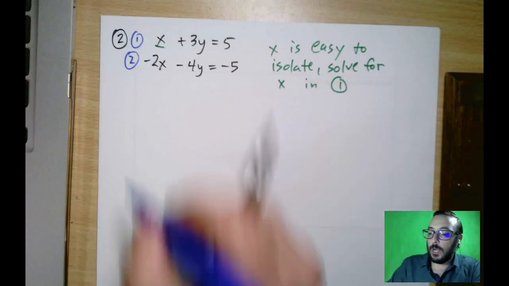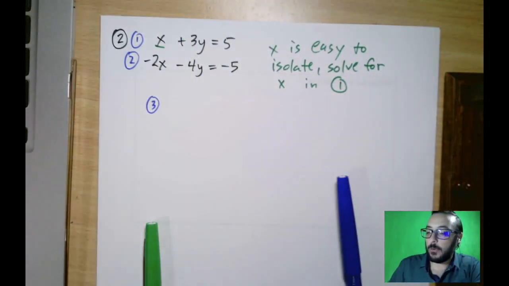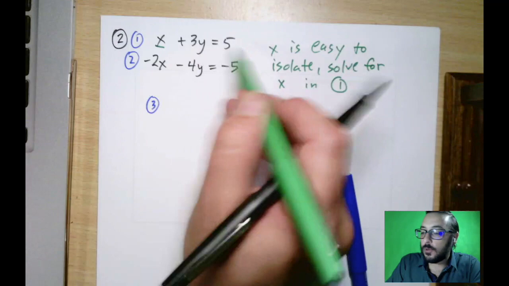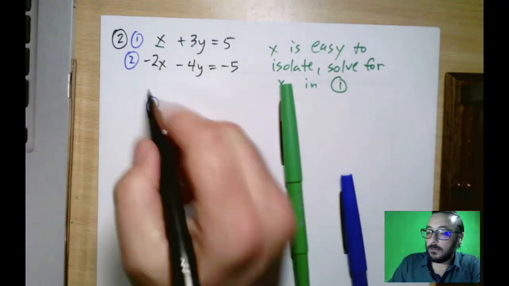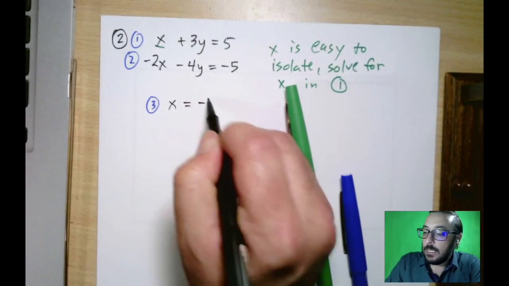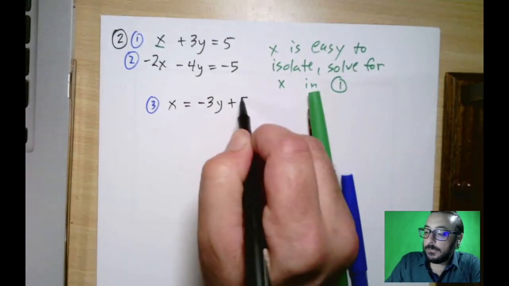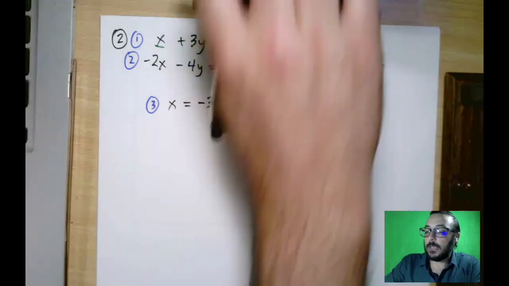So in equation 1, we're going to rearrange it. We're going to call it equation 3. All I have to do is subtract the 3y. I'm solving for x, so I'm going to subtract 3y. So I get x equals negative 3y plus 5. And we're going to use that expression, right?